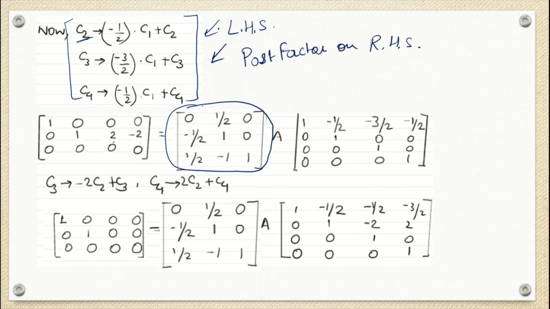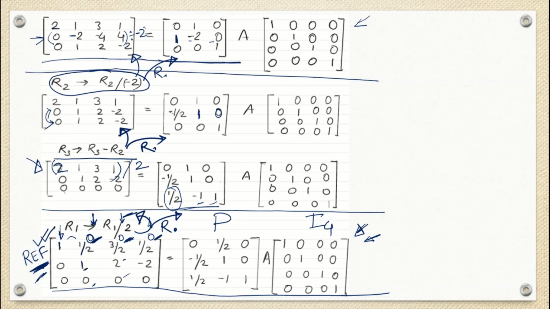So I'm going to perform the same thing here: C2 is now minus 1 by 2 C1 plus C2. Looking at this I4, this is my C2 and this is my C1. So C2 is now what?